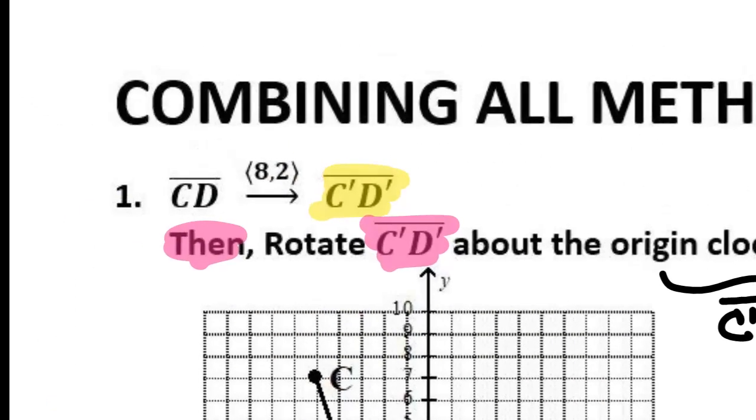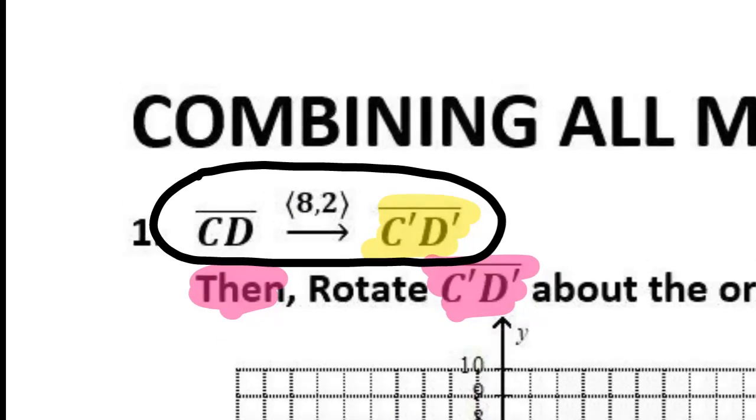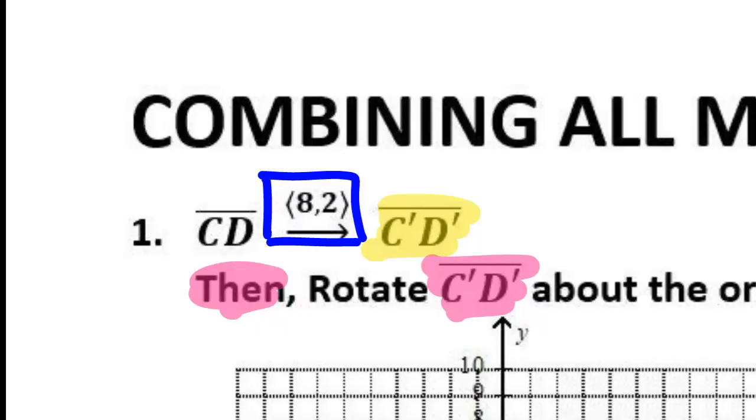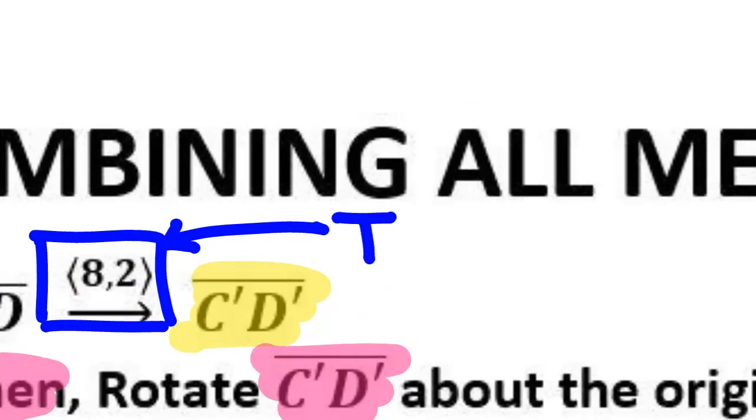All right, so the first piece of this up here, what in the world is that asking me to do? It says segment CD, and then it has an arrow, and this brackety thing with 2 numbers, and then it says segment C prime D prime. What we're seeing right here with this notation is that it wants us to do a translation.